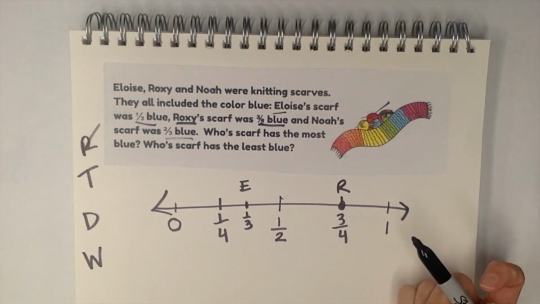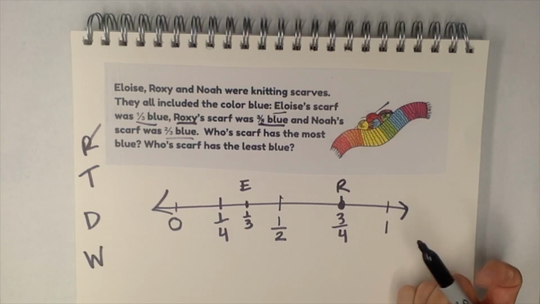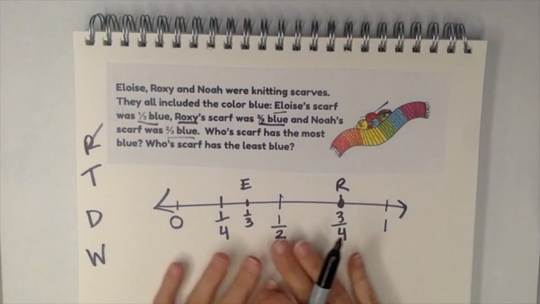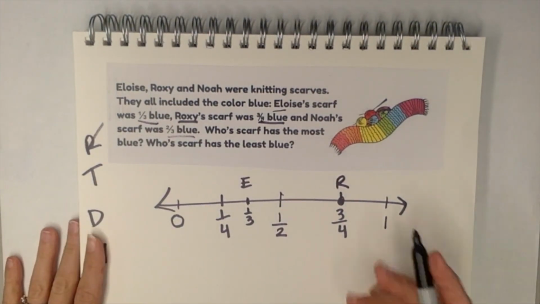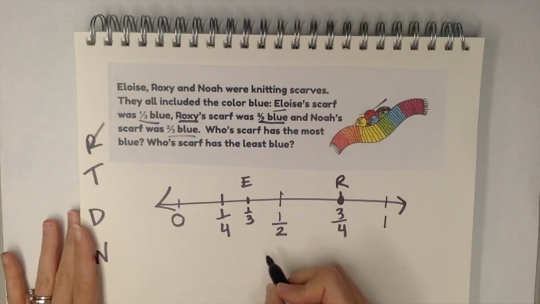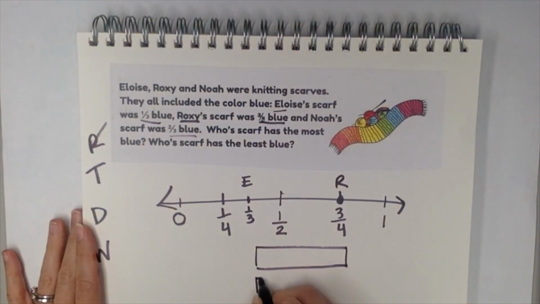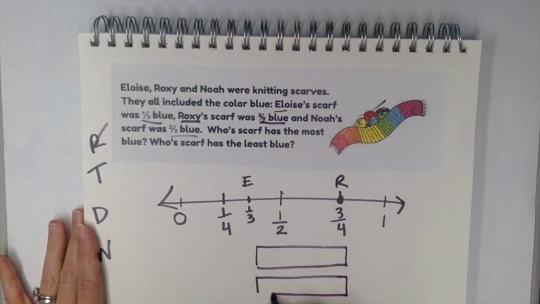So I could figure this out on my number line, but I want to make sure that I'm measuring and showing my model and comparing it on the same size. So just to be safe, I'm going to do what we did on the last one.